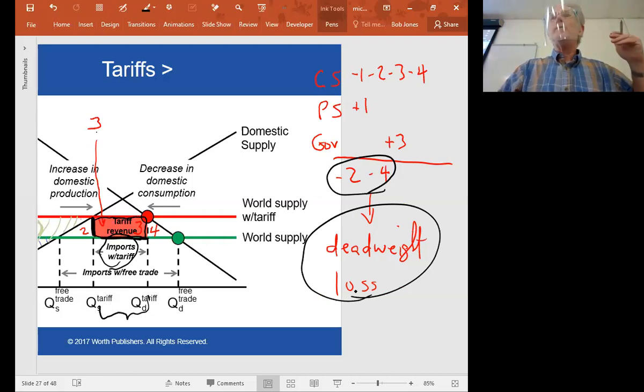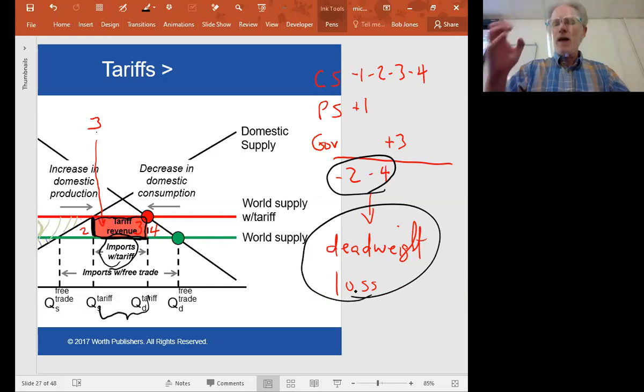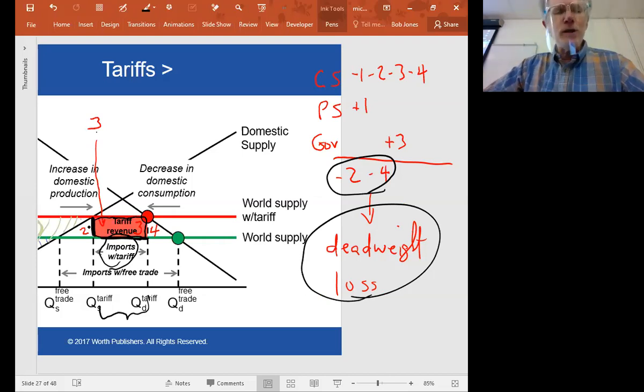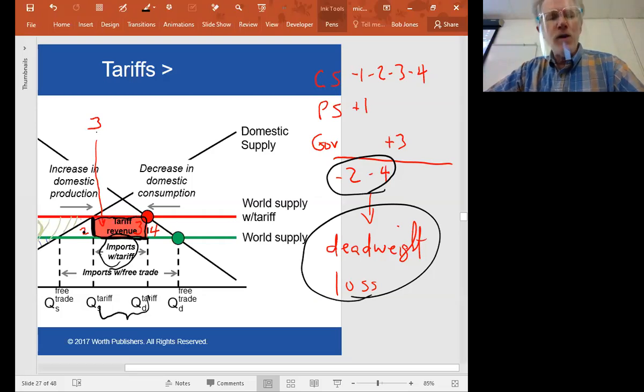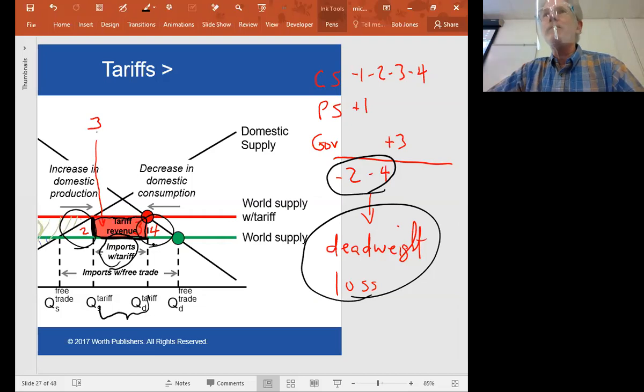Having the ability to trade freely with other countries, we saw that produced an efficiency gain. Well, when you have a tariff, that reduces that gain. And it means we're going to be using our resources less efficiently than before. And notice the amount of the loss is area 2 and area 4. Think about what those areas represent.